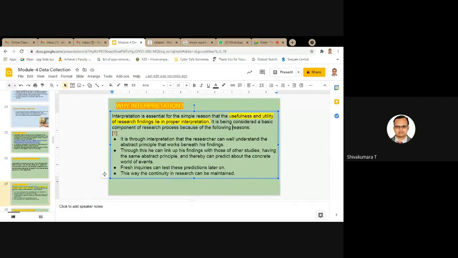The first reason is that it is through interpretation that the researcher can well understand the abstract principle that works beneath the finding. For example, you can take polymorphism, or the inheritance concept. Suppose the researcher has done some research work on the inheritance concept, that is an object orientation concept.